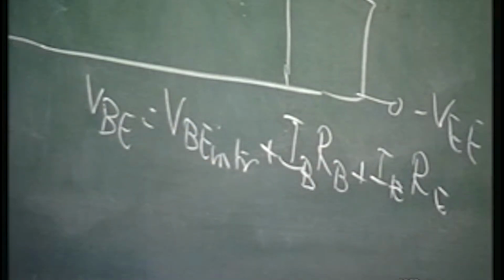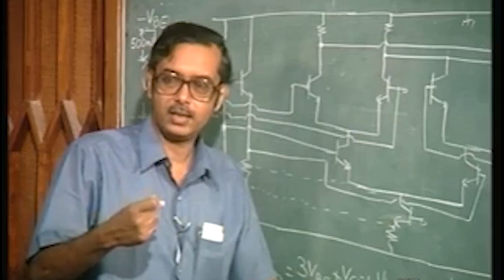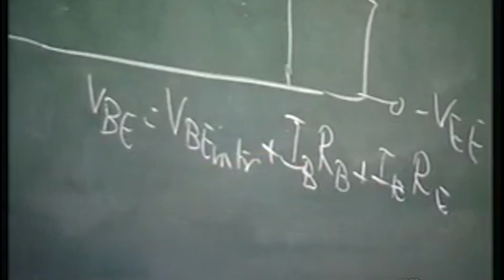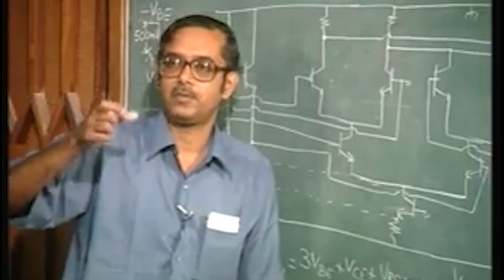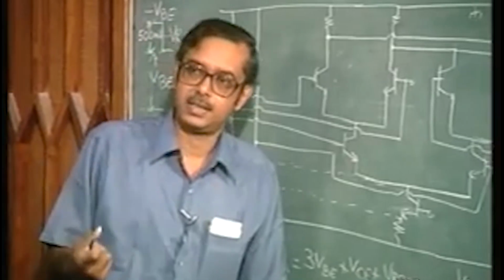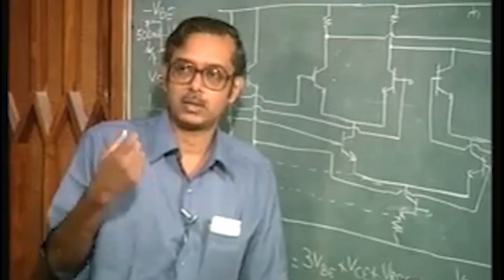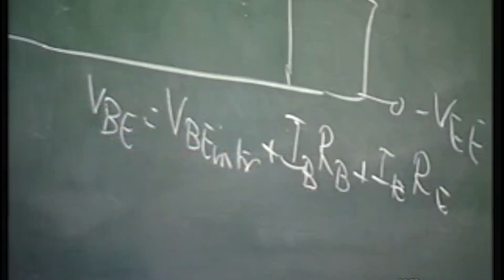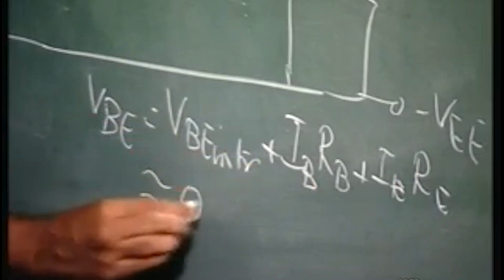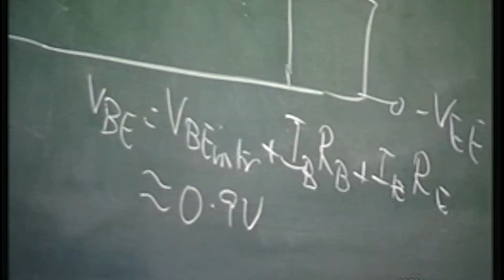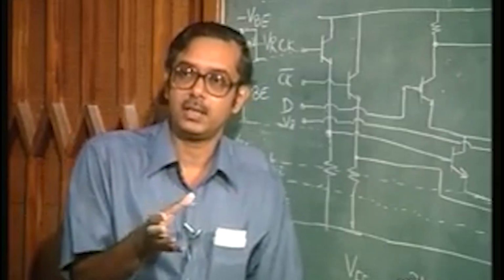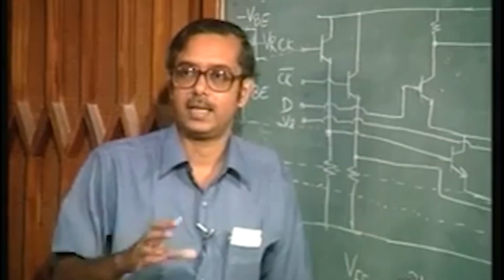Now, for a small size device, the resistances are usually large, because the resistance depends on the cross sectional area. If you have a smaller size device, you have a larger resistance. So, if you talk of very high speed devices, the extrinsic resistances are quite large. And so, this value VBE may be as large as 0.9 volts. It is not that the 0.9 volts is dropped across the PN junction, but a large part is dropped across the parasitic base and emitter resistances.